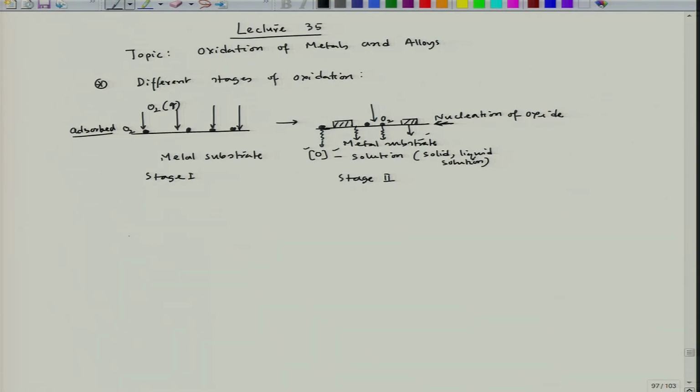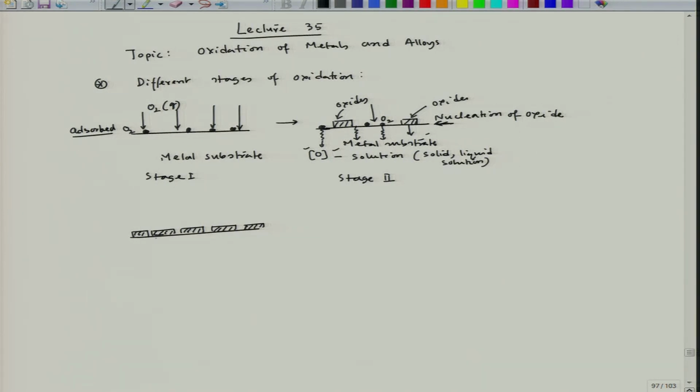Now, if I consider stage 3, we have more nucleation of oxides. At the same time, oxides can also grow. So, these are oxides, these are oxides.